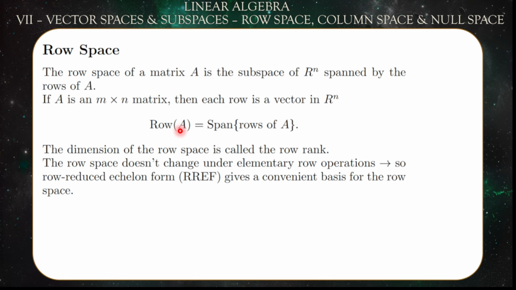So Row(A) is equal to the span of the rows of A. The dimension of the row space is called the row rank. The row space doesn't change under elementary row operations. So row reduced echelon form, RREF, gives a convenient basis for the row space.